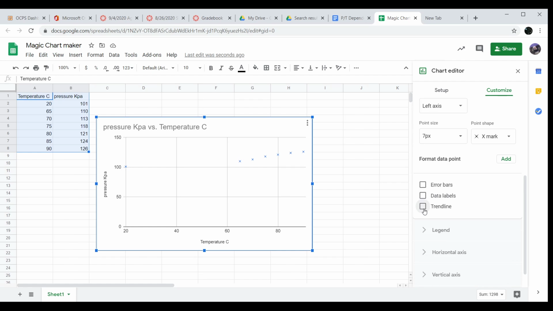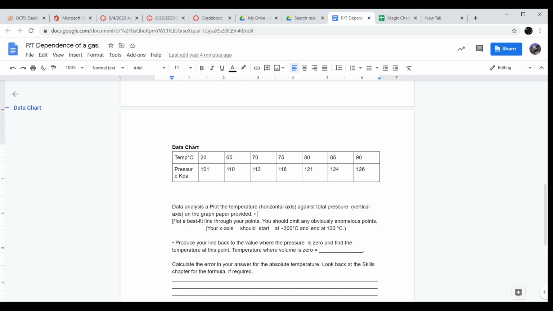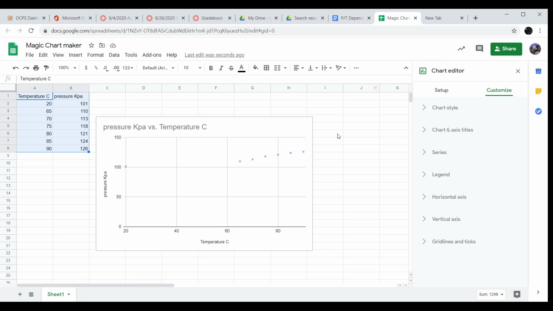Then we're going to mess with the next thing on our graph, which is specifically the x-axis and the y-axis. Our y-axis can stay exactly the same because that's dependent upon what we're changing. However, we need to change our x-axis, and a reminder that our x-axis is our horizontal axis.